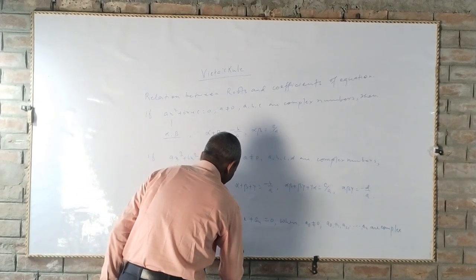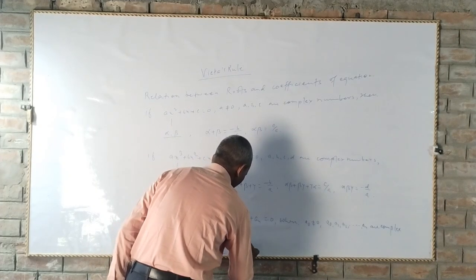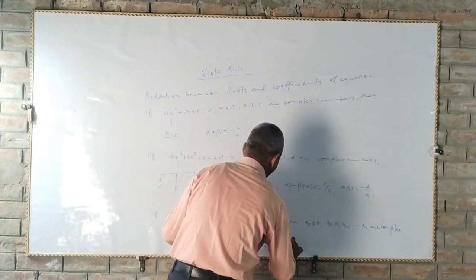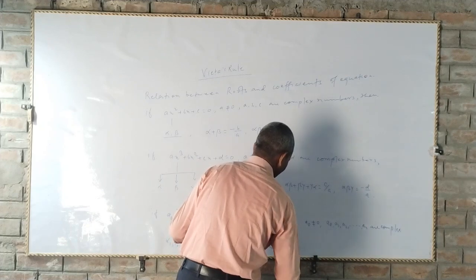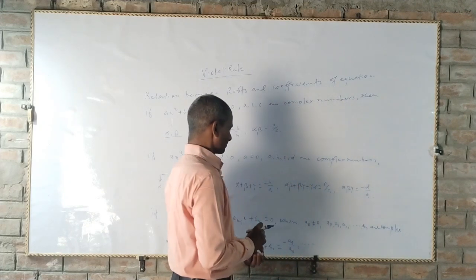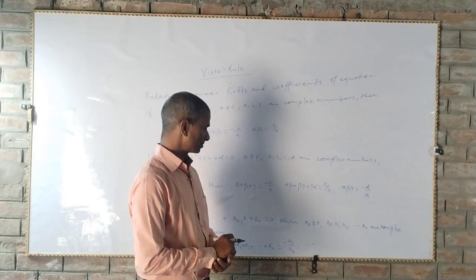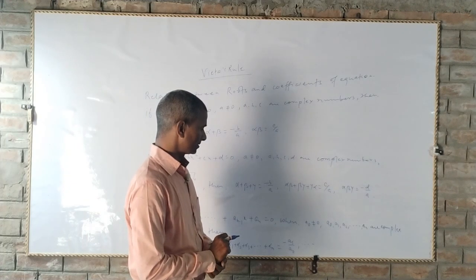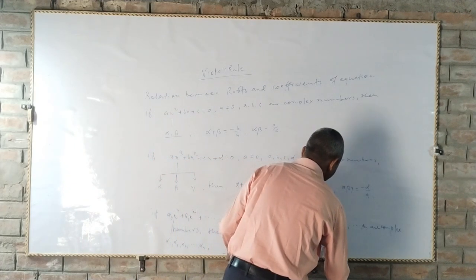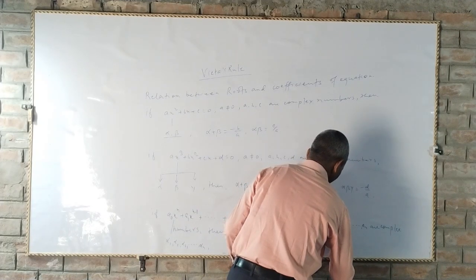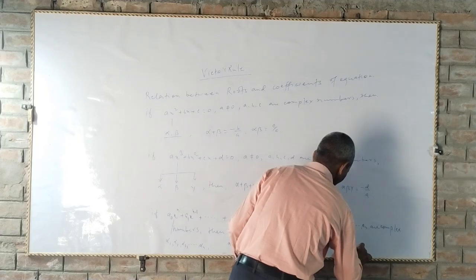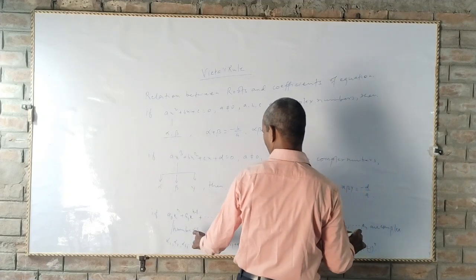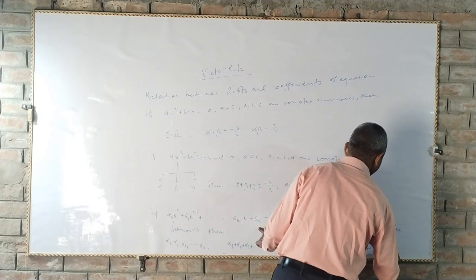Then the sum of the roots, alpha 1 plus alpha 2 plus alpha 3 plus dot dot plus alpha n, is equal to minus of a1 upon a naught, and इस तरह से sum of product of roots taken 2 at a time, sum of product of roots taken 3 at a time and so on, and finally the product of all the roots, alpha 1 into alpha 2 into alpha 3 into dot dot into alpha n, is equal to minus 1 to the power n into an upon a naught.